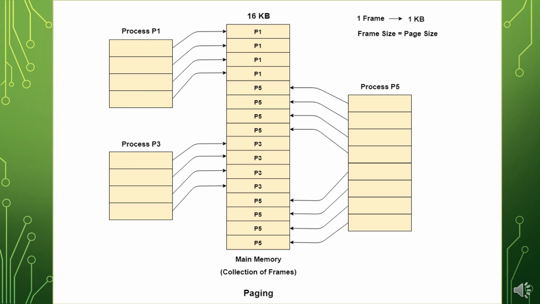Process P5 of size 8 KB is waiting inside the queue for the execution, given the fact that we have 8 non-contiguous frames available in the memory, and paging provides the flexibility of storing the process at different places. Therefore, we can load the pages of process P5 in the place of P2 and P4.